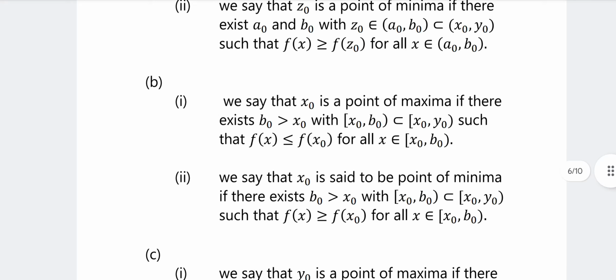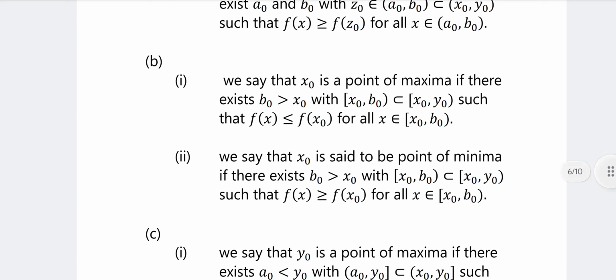We say that x naught is a point of minima if there exists b naught greater than x naught with [x naught, b naught) contained in [x naught, y naught), such that f(x) is greater than f(x naught) for all x in [x naught, b naught).